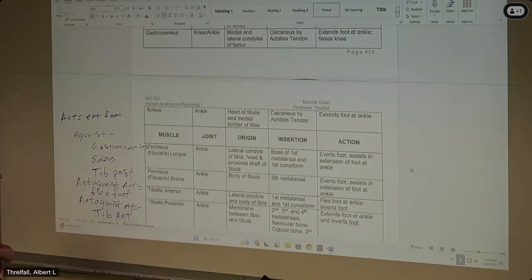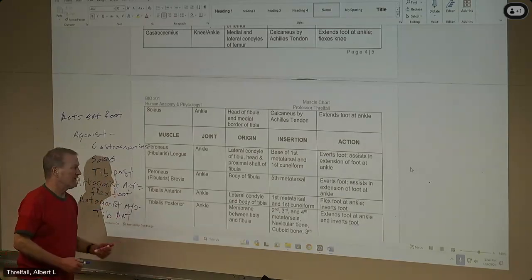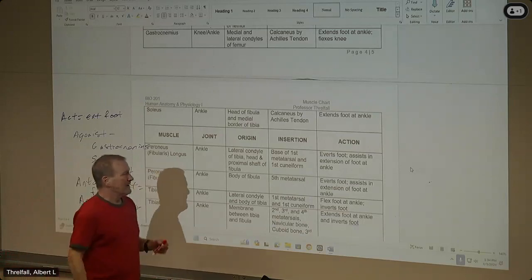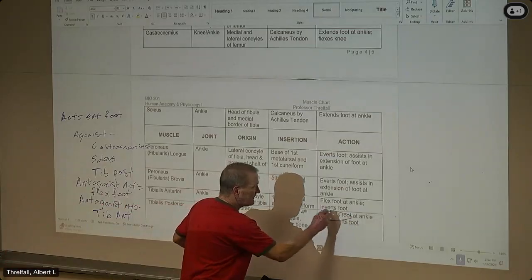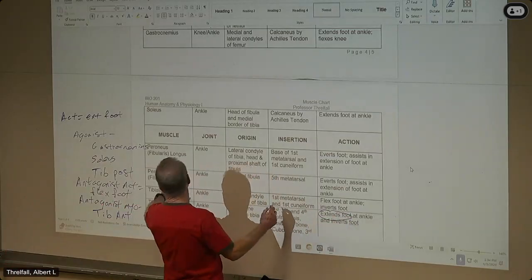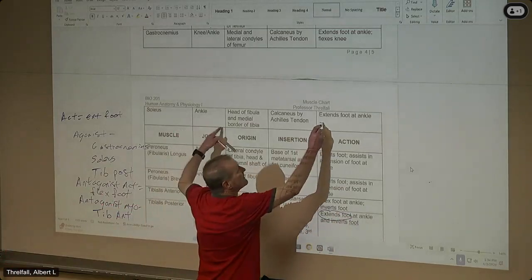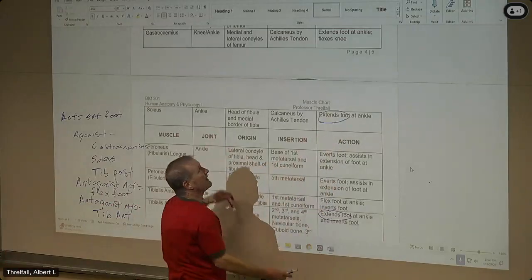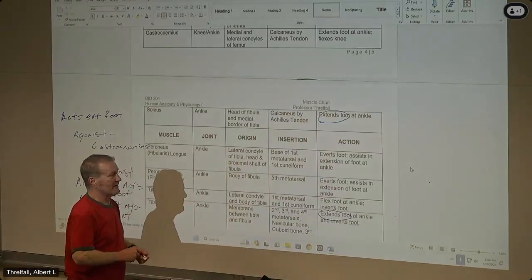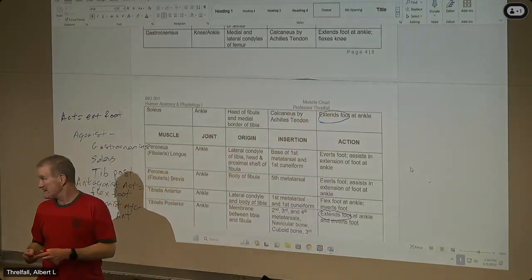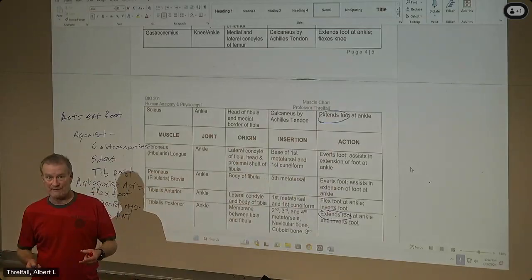Okay, so we have said, or you have said, for the most part, that because the tibialis posterior extends the foot, and the soleus extends the foot, and I can't reach up there, but the gastrocnemius extends the foot, they are agonists with respect to extension of the foot.